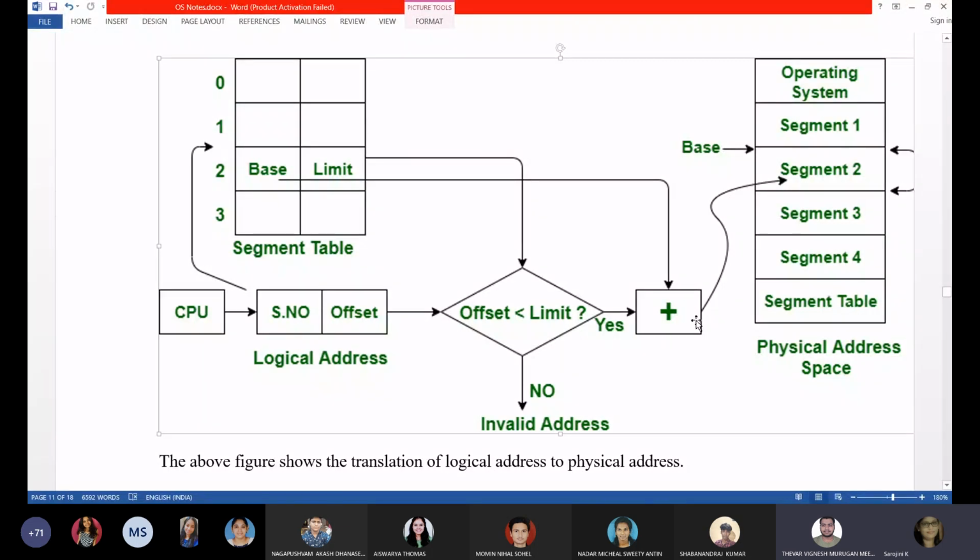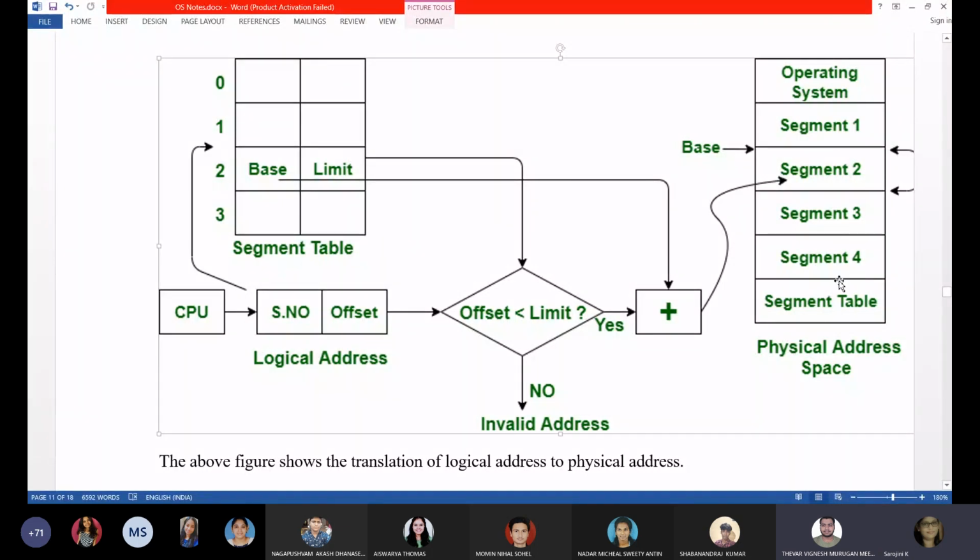That means the outcome is the limit check, and plus the base address will be added, and it will form the segment location in the main memory. So these segments are in the main memory and secondary memory.